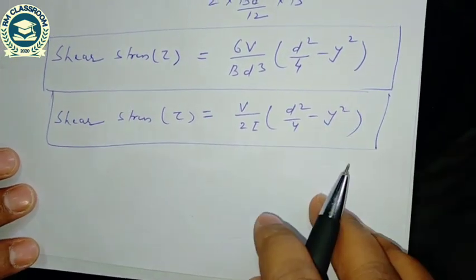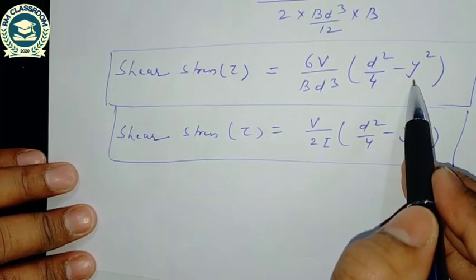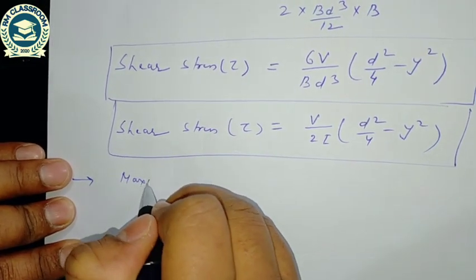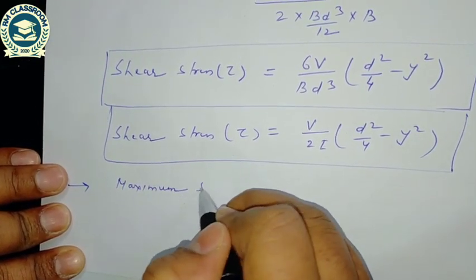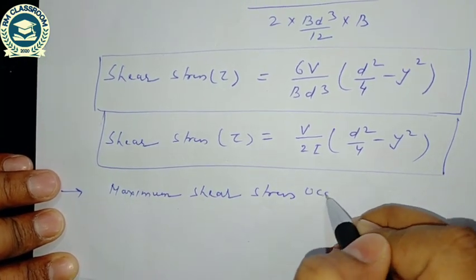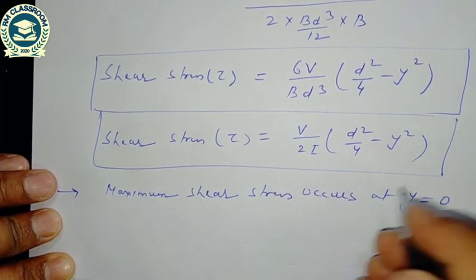So maximum shear stress occurs when y is equal to 0.